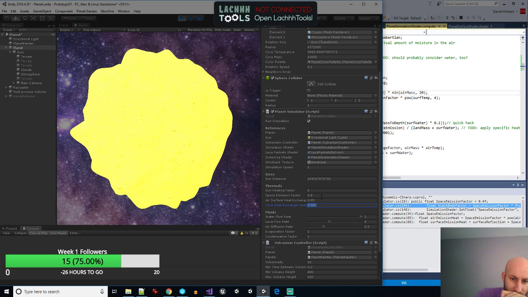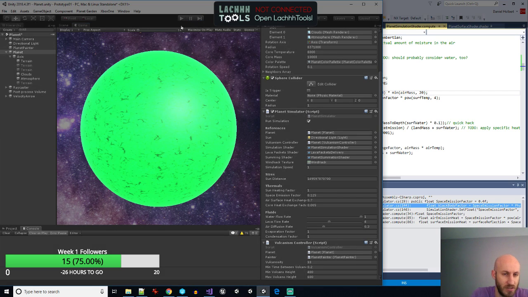that's interesting that made such a big difference with what the actual Earth is like. So something went crazy when I increased the space emission factor. That's another weird thing as I try to make this thing more physically accurate.